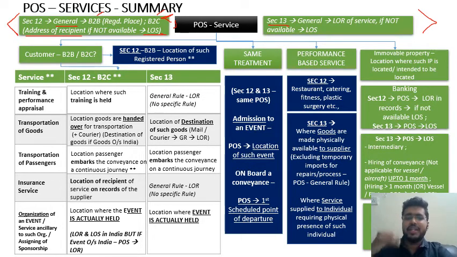However, if the recipient's location is not available, you are not aware of the recipient's location, then the location of the supplier can be considered as the place of supply. So the first thing is LOR, location of recipient. If LOR is not available, then you can go to LOS, location of supplier, to be considered as the place of supply, guys. But guys, as mentioned, these are only general rules, my friends, right?